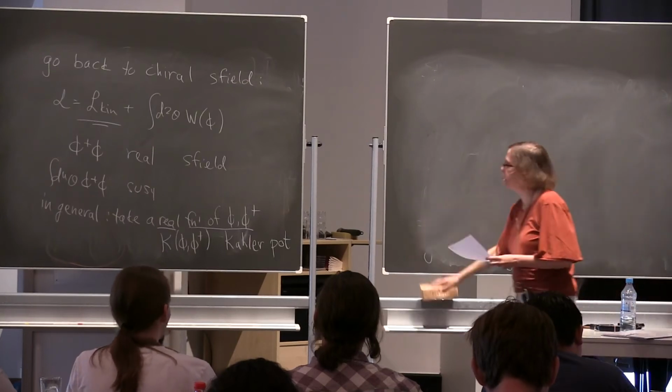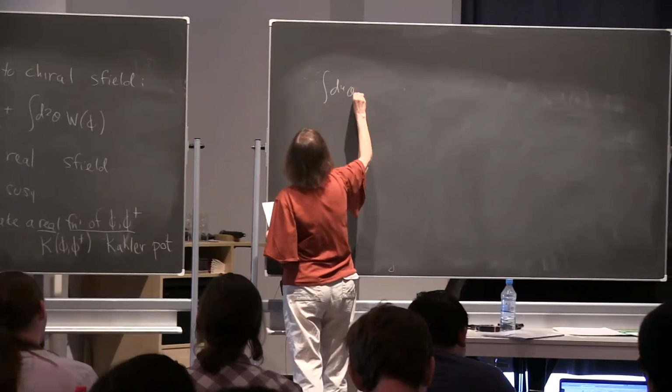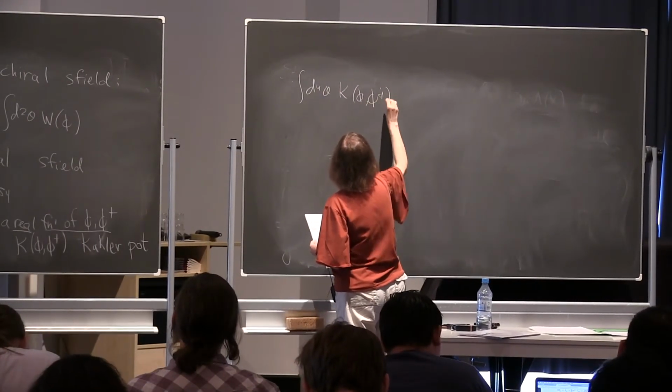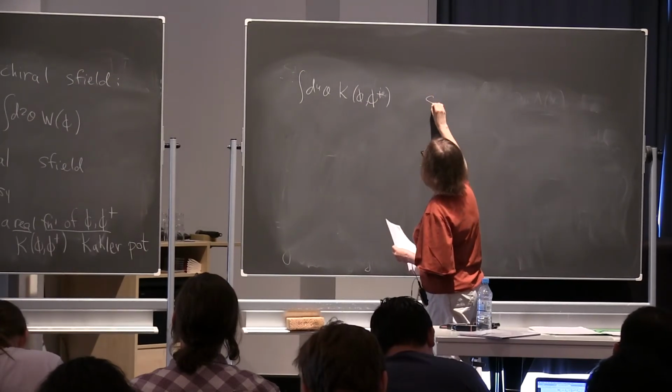And then I know that d4 theta of K of phi and phi dagger is supersymmetric.